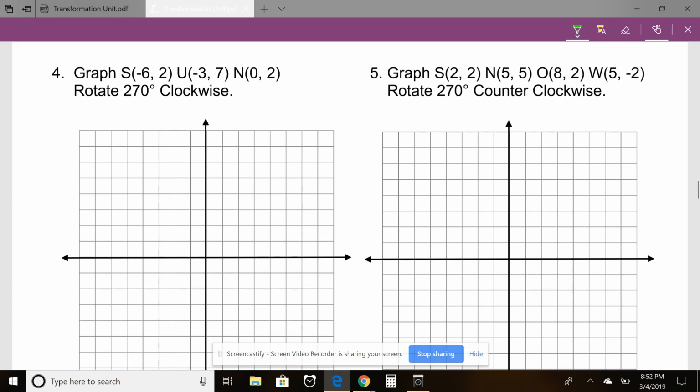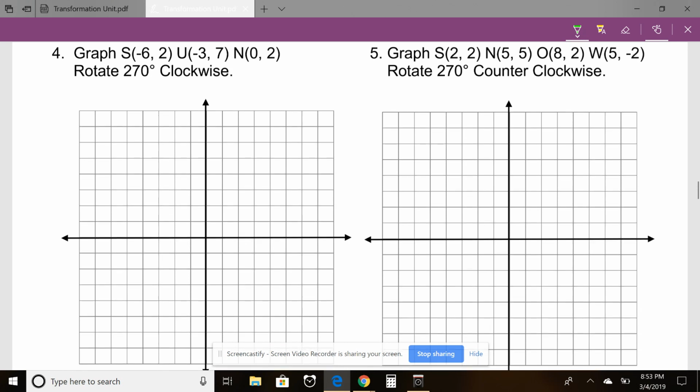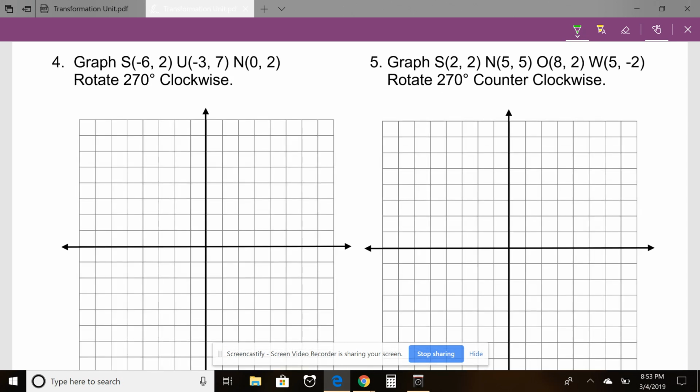All right, I want to do one where you're going to another quadrant besides the fourth. So this is going to be in the second quadrant. Okay, why don't we do this one? All right, number 4. SUN, so we have S (-6, 2). U is (-3, 7).